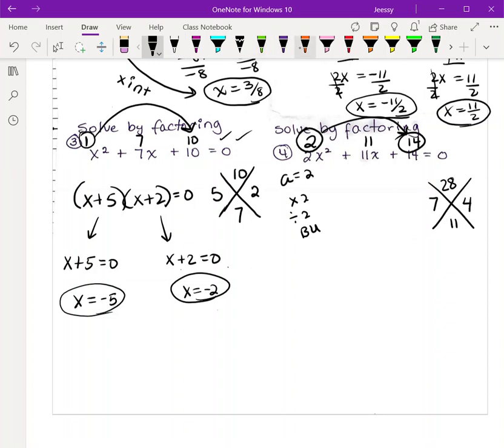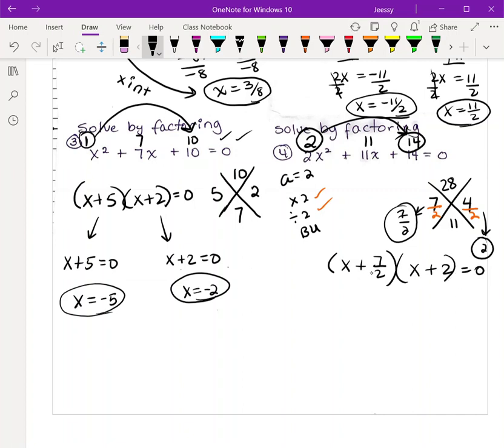Now we multiplied by 2, so now we need to divide by 2. 7 over 2 is going to stay as 7 over 2. 4 over 2 is going to become just a regular 2. Okay. So this becomes x plus 7 over 2, x plus 2.